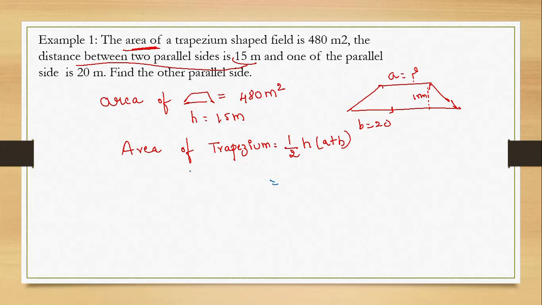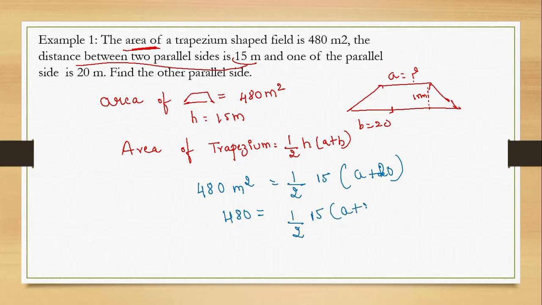Next, we know that the area of the trapezium is 480 meters square. Half into the height 15, into a plus b, where we don't know a and we know b, that is 20. So 480 is equal to 1 by 2 of 15 of a plus 20.